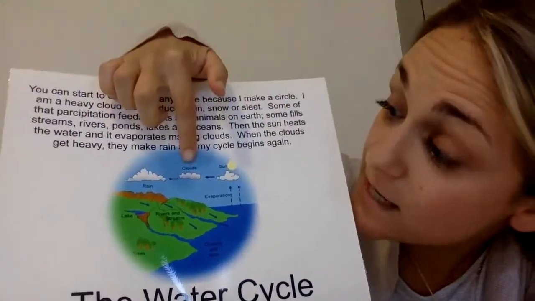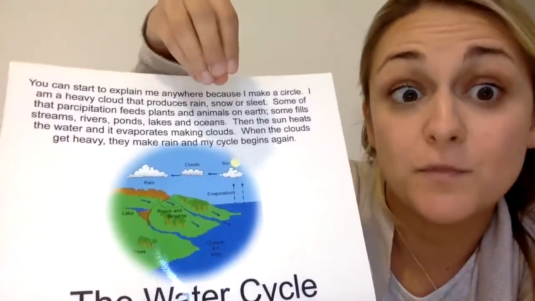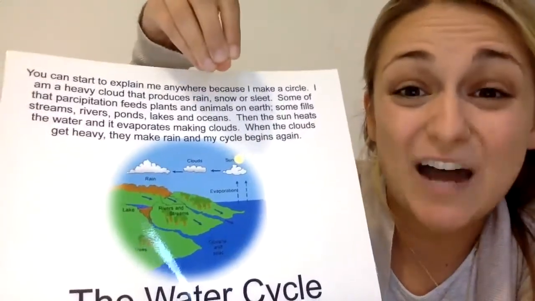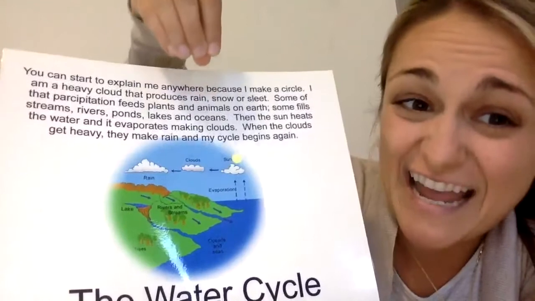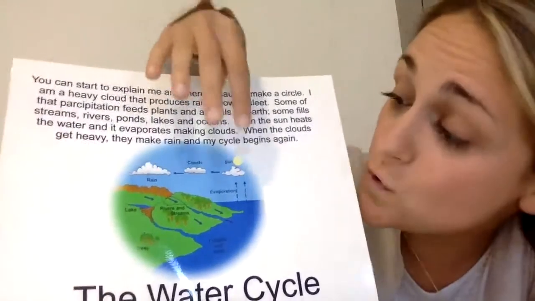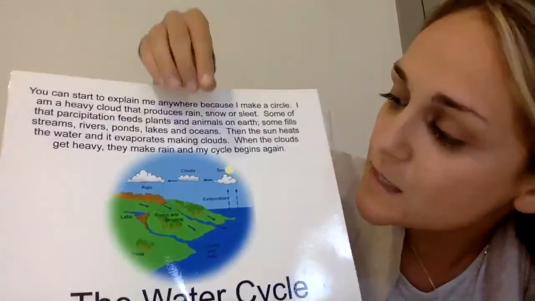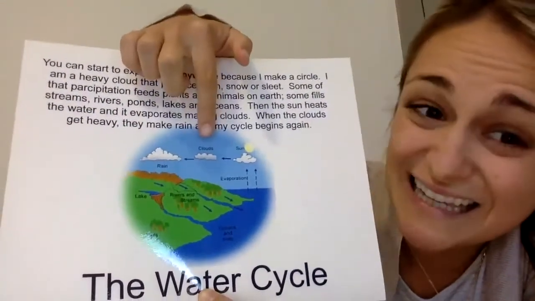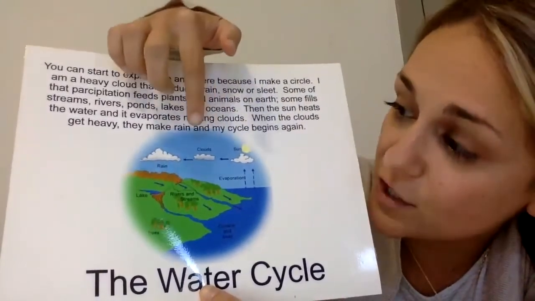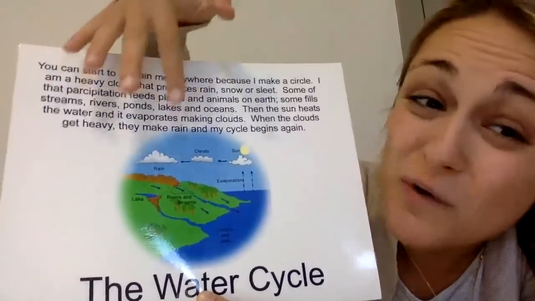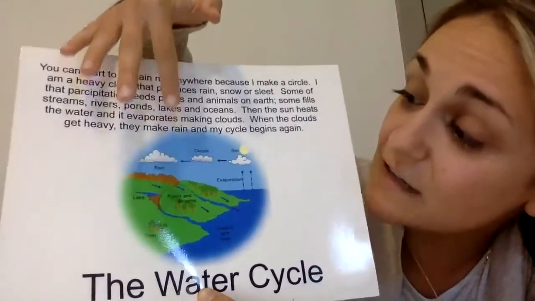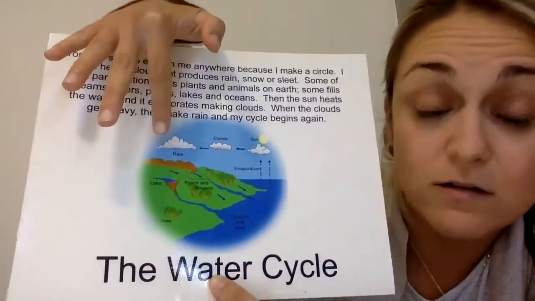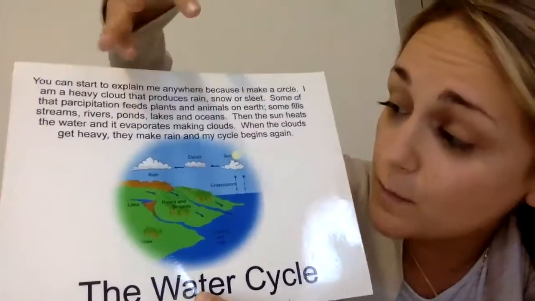Clouds are formed and then the water vapor droplets in the clouds get bigger and bigger and heavier, and the wind moves the clouds all around. Have you ever noticed when you look up, you see the clouds moving? Well, that's why. As the water droplets inside the cloud get bigger and heavier, they eventually get too heavy for the cloud to hold and they fall to the earth as rain or snow or sleet, another form of water.